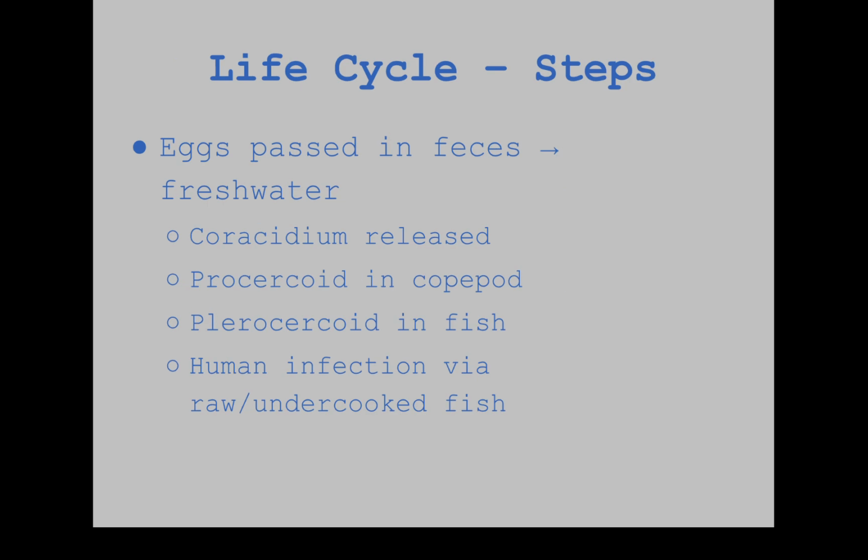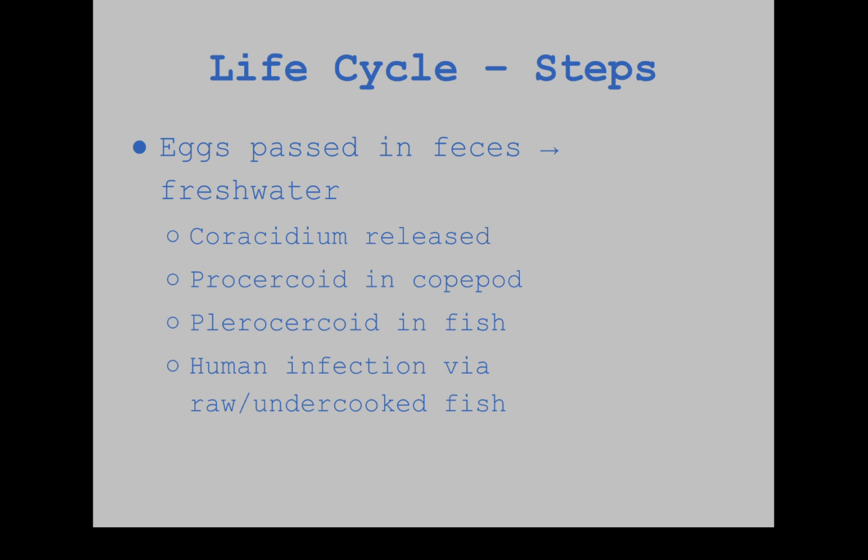I told you that the habitat of the adult worm is the human small intestine, and these adult worms lay their eggs. The eggs are passed in the feces and reach freshwater, and from the eggs the first form of larva, the coracidium, is released into the water. This coracidium is taken up by cyclops, and in the cyclops the procercoid develops from the coracidium.